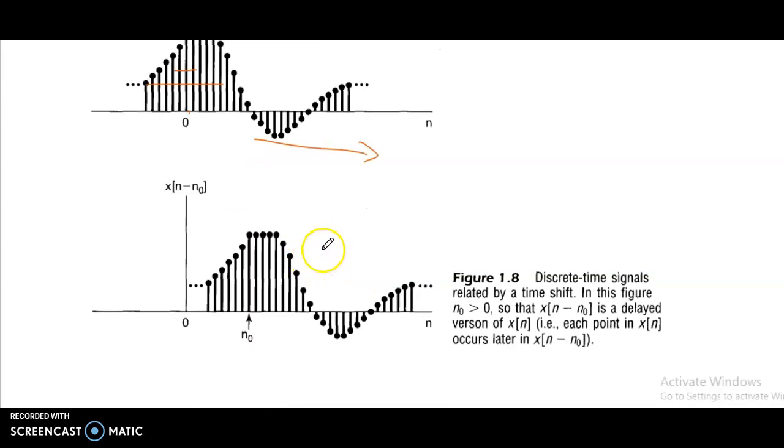If n naught is greater than 0, then x of n minus n naught is a delayed version of x of n, that is, each point of x of n occurs later in x of n minus n naught.